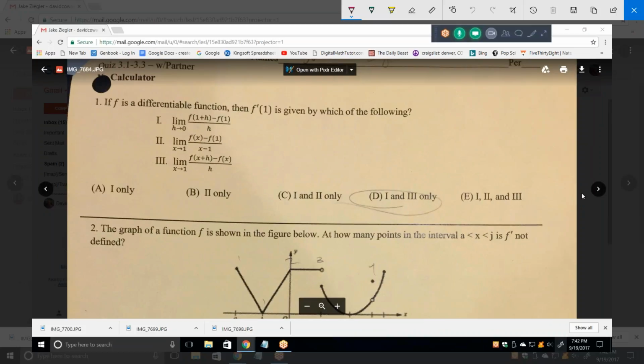If f is a differentiable function, not all functions are, okay, then f prime of 1 is given by which of the following? It's one only.